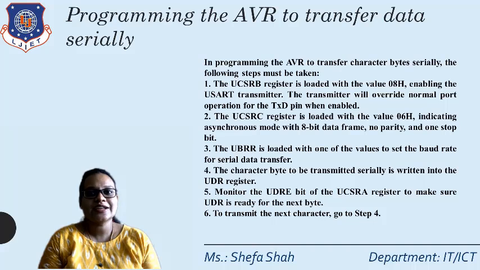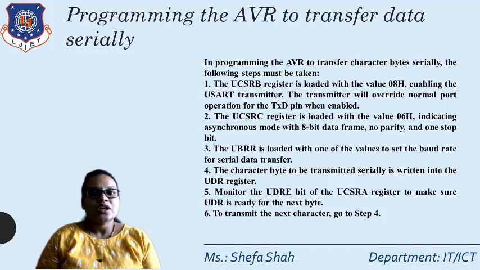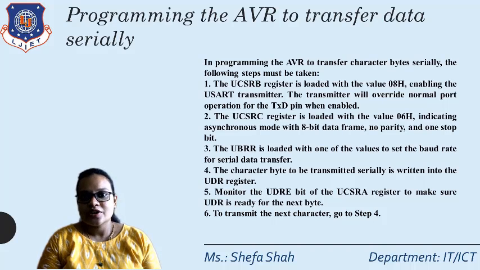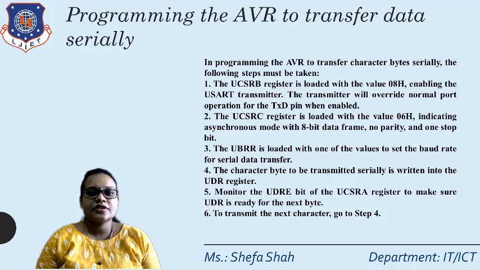USART data register empty. It will continuously monitor until the data in UDR is empty, and then transfer the data serially one by one. Whenever we need to transmit the next character, we load the value again into the UDR register and continue with steps 4 and 5 for the next characters. These are the steps we need to follow for AVR serial data transfer.